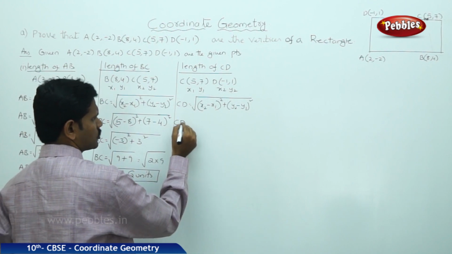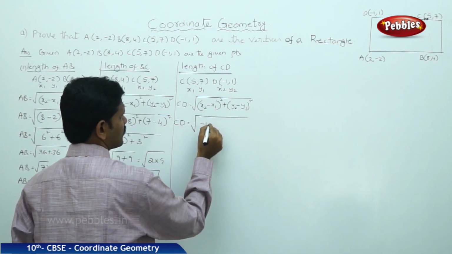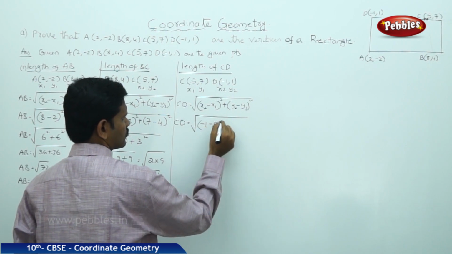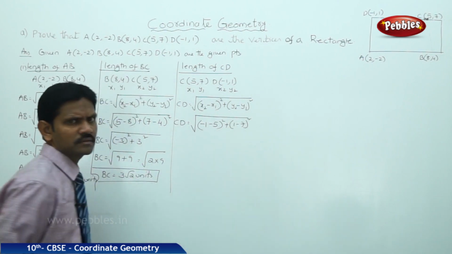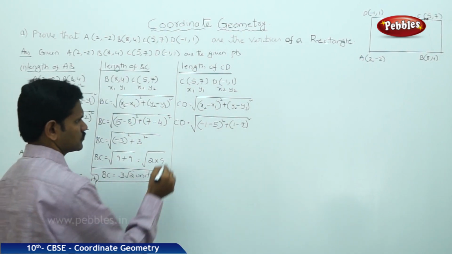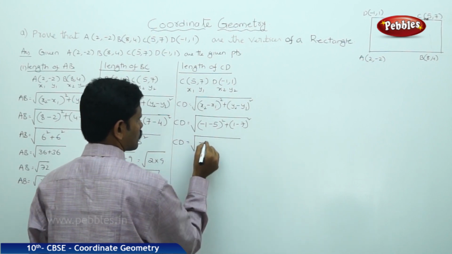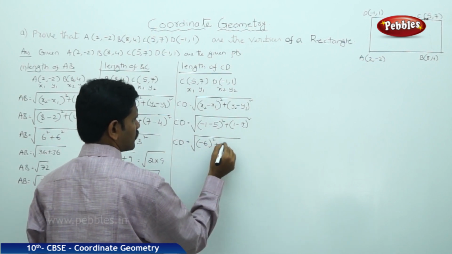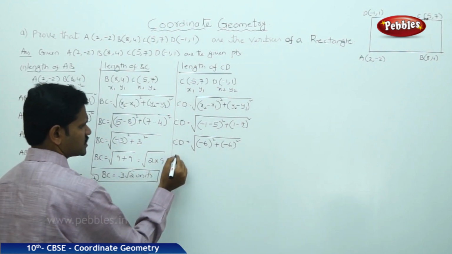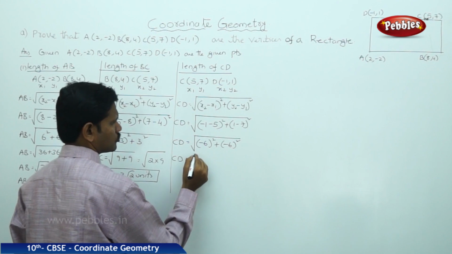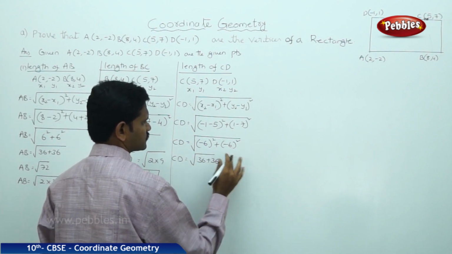That is CD is equal to root over minus 1 minus 5 whole square plus 1 minus 7 whole square, that is root over minus 6 whole square plus minus 6 whole square, that is root over 36 plus 36.